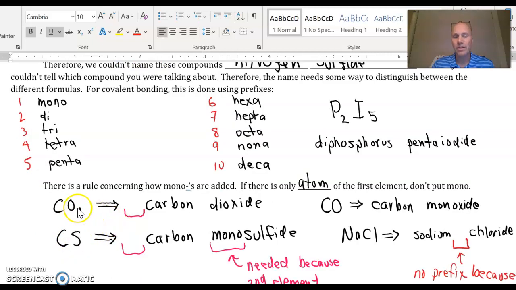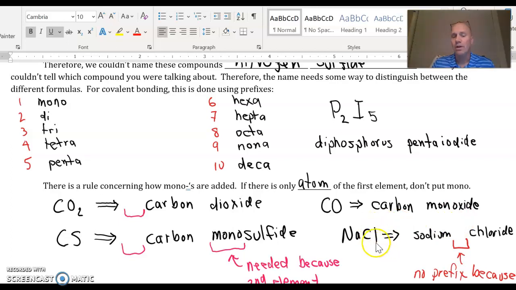If, however, the second element you only had one of, such as CS, we would then need the mono for that. All right, so CS would be carbon monosulfide. All right, you don't need it for the first one, you do need it for the second one. All right, a common example of this is the chemical CO, which is carbon monoxide. All right, which has another little modification to the rule, which we'll talk about in just one second.